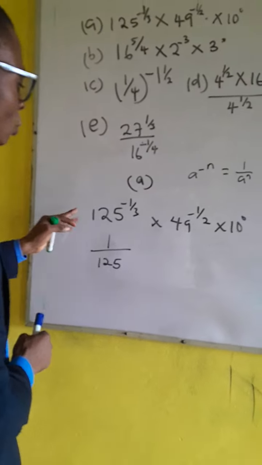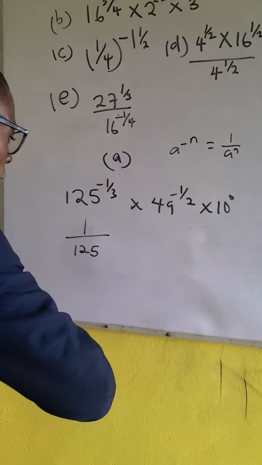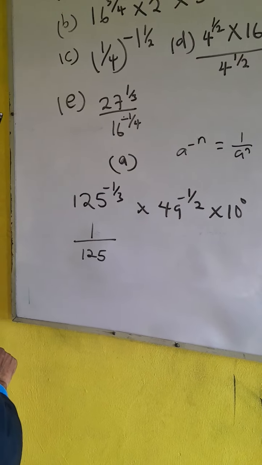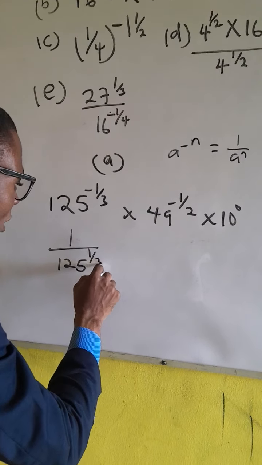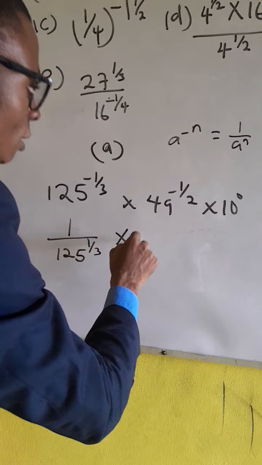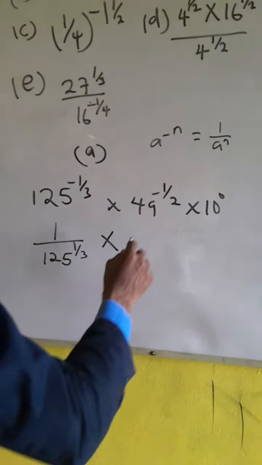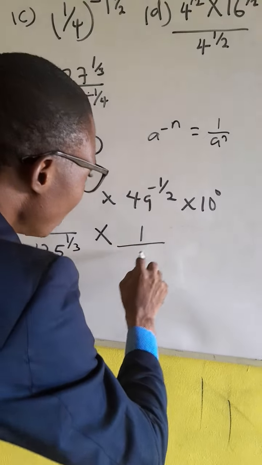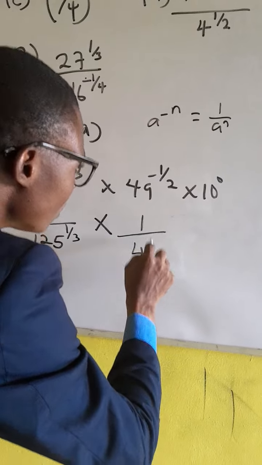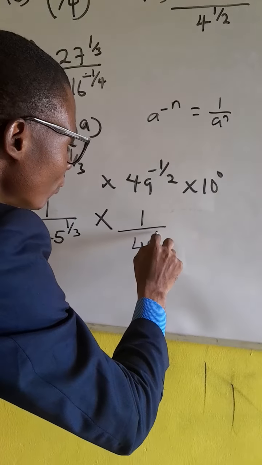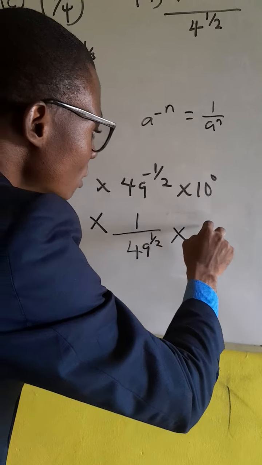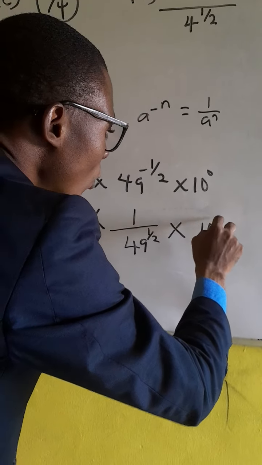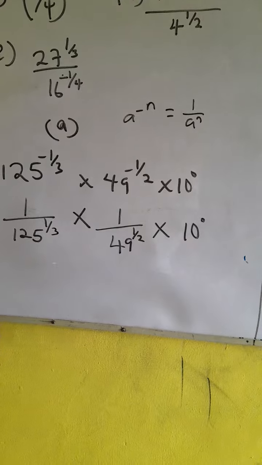So we are going to write it as 1 all over 125 raised to the power of 1 divided by 3 times, this one we'll also write the same way, 1 divided by 49 raised to the power of 1 divided by 2 times 10 raised to the power of 0.